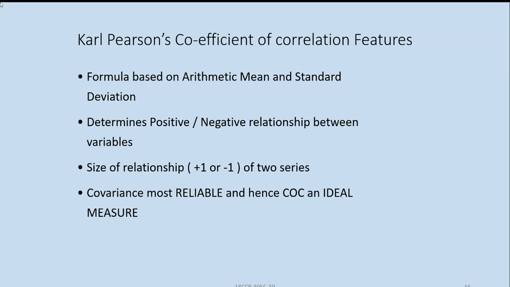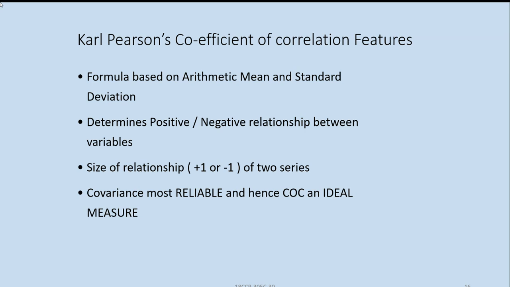Karl Pearson's coefficient of correlation determines, that means proves, a positive or negative relationship between variables. It calculates whether the correlation is a positive one or a negative one.